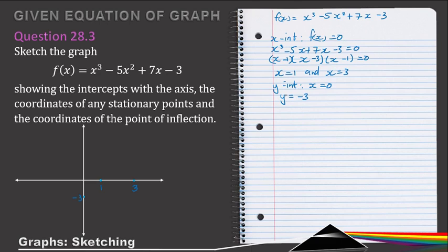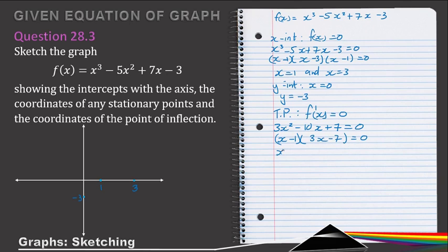Alright, next up we need to find the turning points, and the turning points we find by finding the first derivative and equating it to 0. So my first derivative is 3x squared minus 10x plus 7 equal to 0. If I factorize that, I get (x minus 1)(3x minus 7) equal to 0.